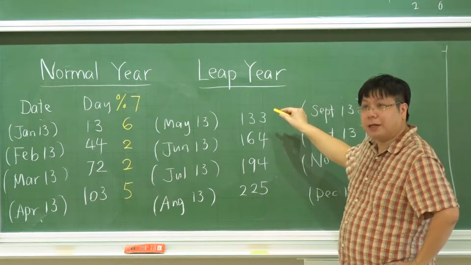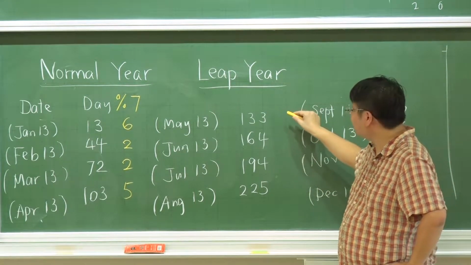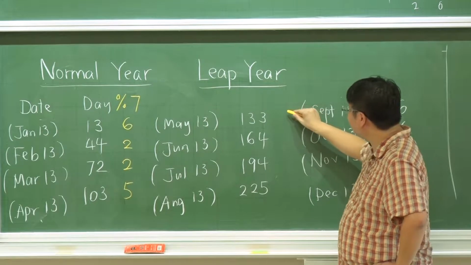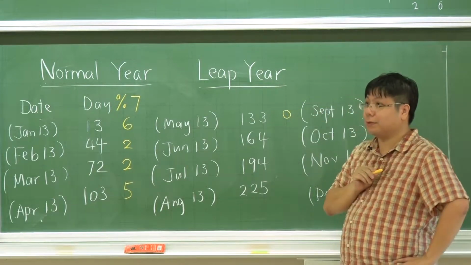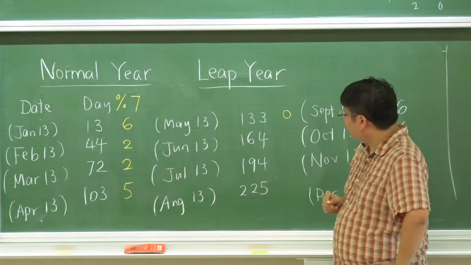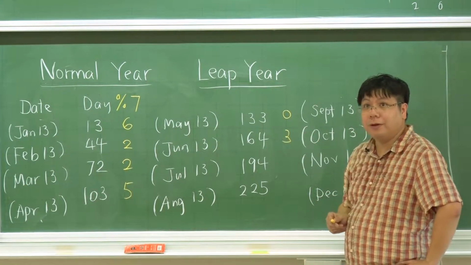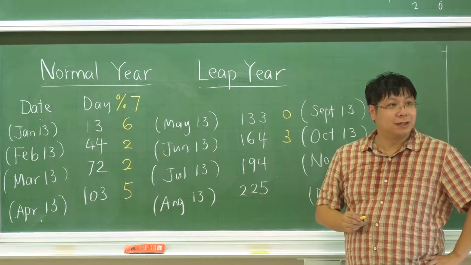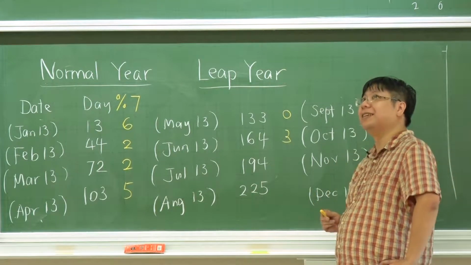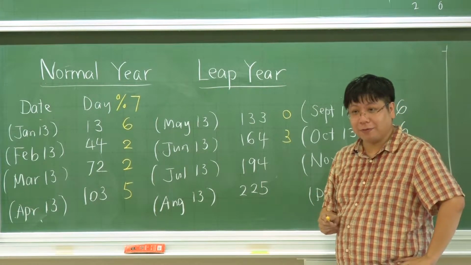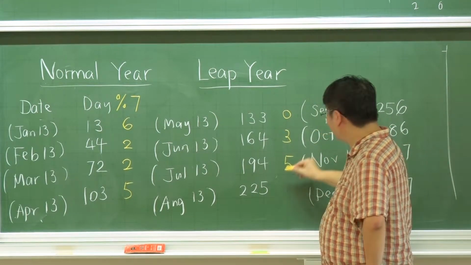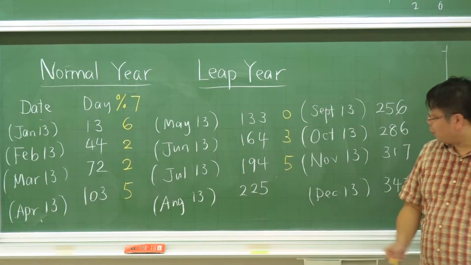This one, 133. 133 is a multiple of 7, so it's a 0. Is it okay? Okay. 164, 3. 194, what is 194? 195 would be 5, yes, 5. Okay. 225, 15, 1.